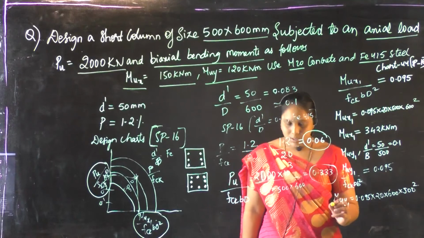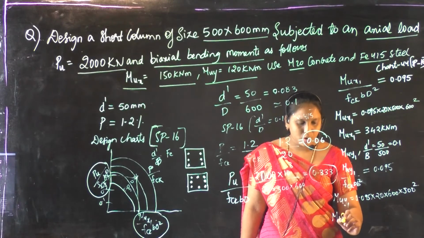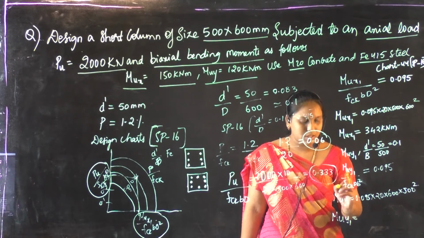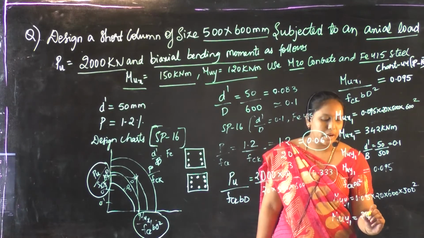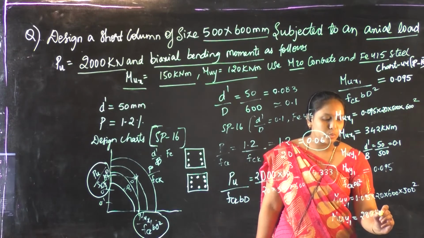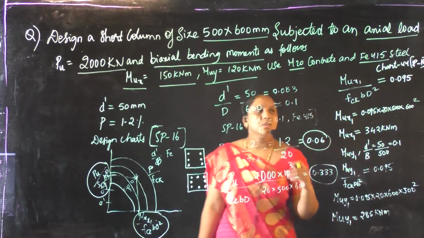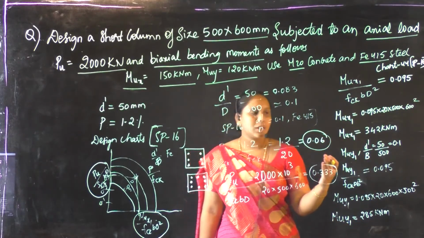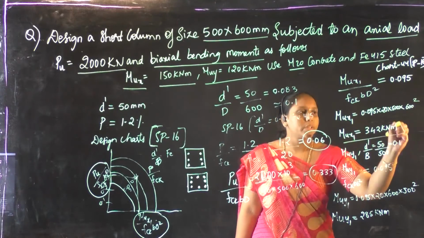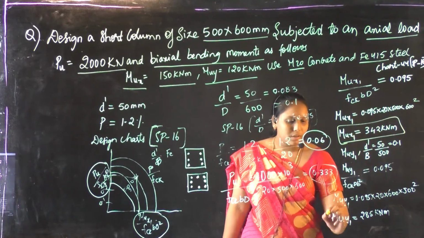So if you solve this, you will get a value of MUY1 equal to 285 kilonewton meter.